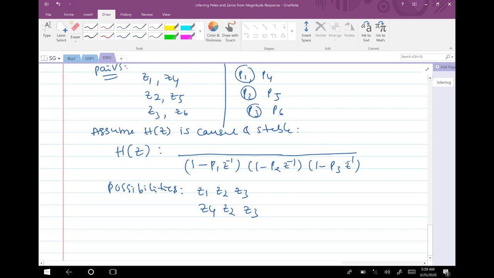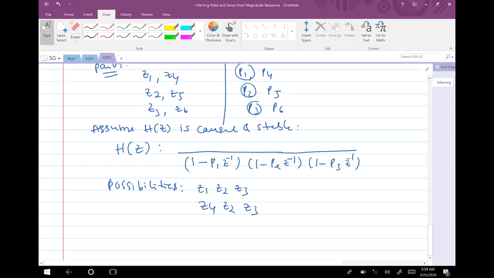It could have taken Z1 the same, and then let's say Z5, Z6 and so on. There are different possibilities, but there are limited possibilities of what all values it can take here. And then we already discussed the inverse system.